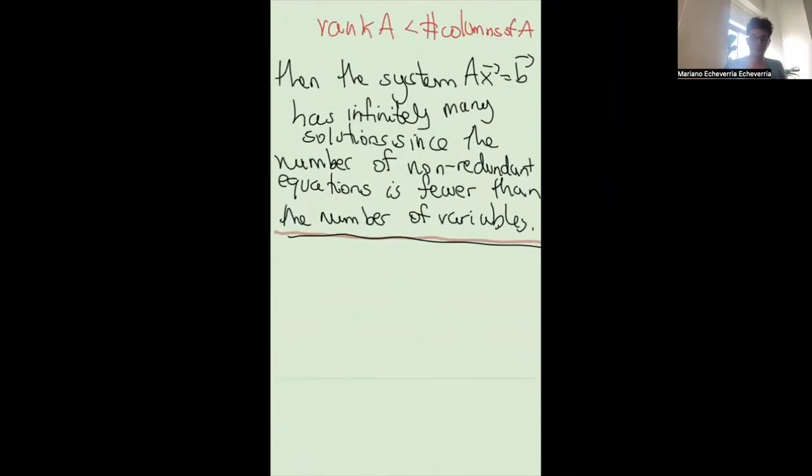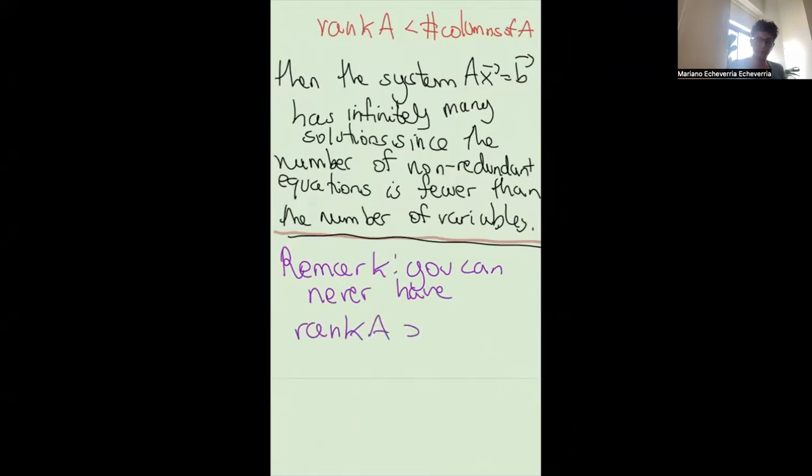So remark: you can never have rank of A greater than the number of columns of A. But of course, this is not clear right now. We will explain that later.